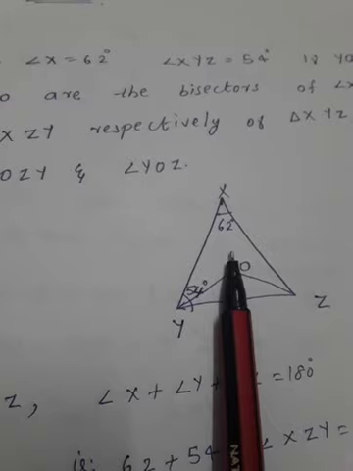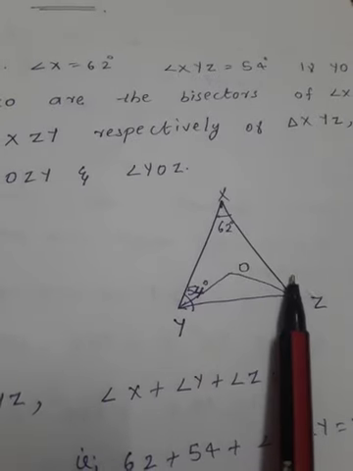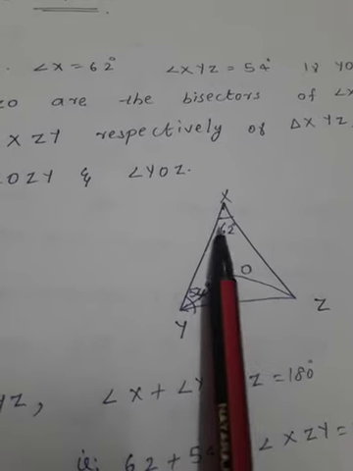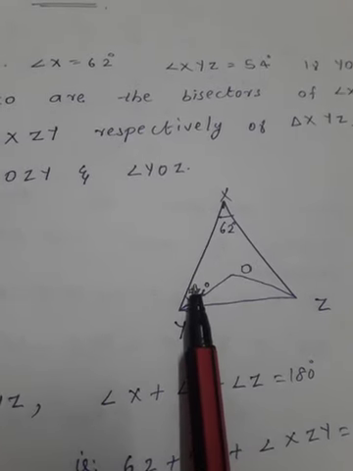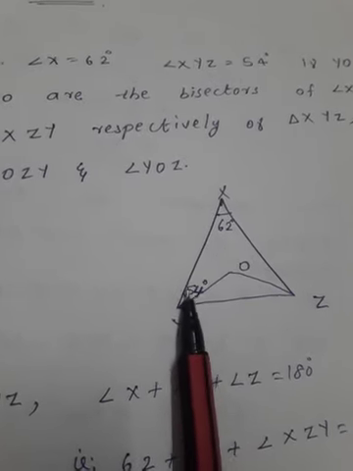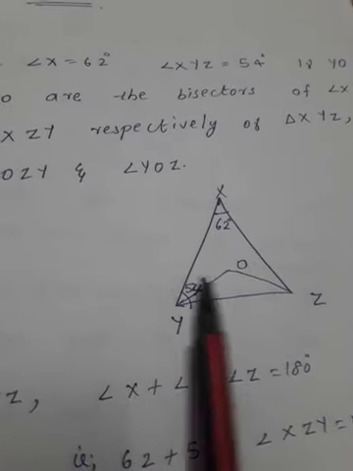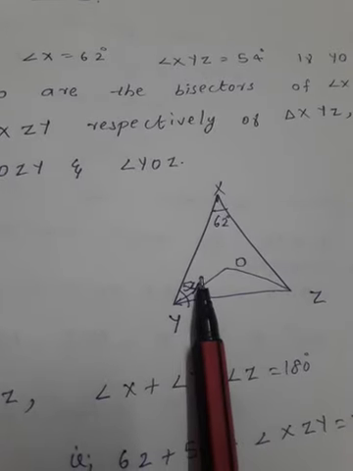Okay, so here it is given that there is a triangle XYZ and this measure is given as 62 degrees. This XYZ is given as 54 degrees, that means Y is 54 degrees.